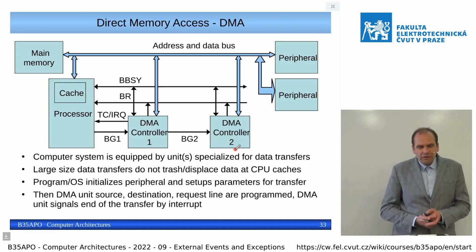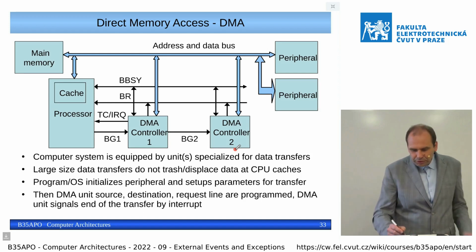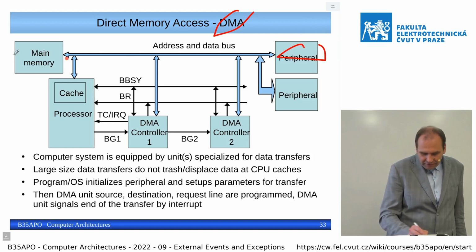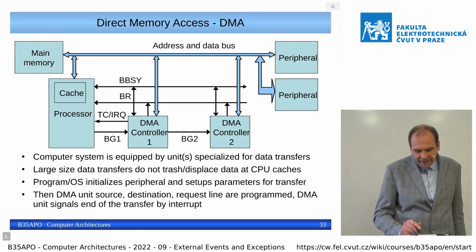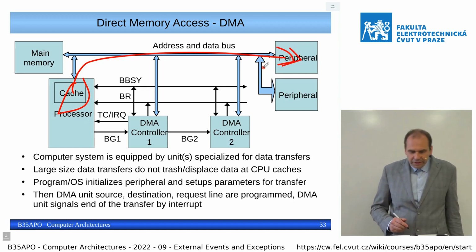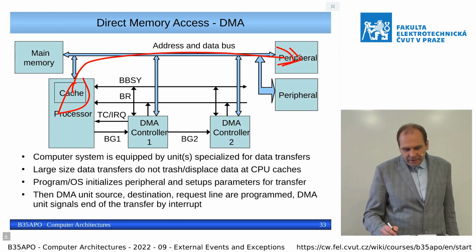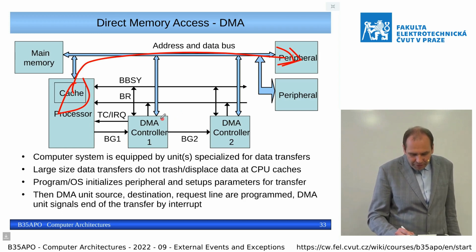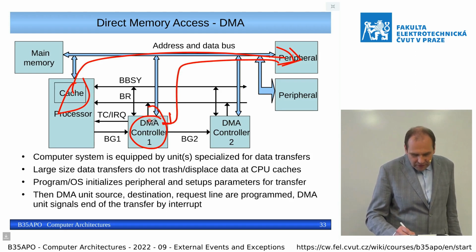Now, if we do not want to process each data byte, we want to use DMA. In such a case, we can have peripherals, a memory, and the processor. The processor with the operating system sets up the peripheral, for example this controller, to read some sector, and it can use, for example, a DMA controller to respond to the request to store data from the disk to the main memory.